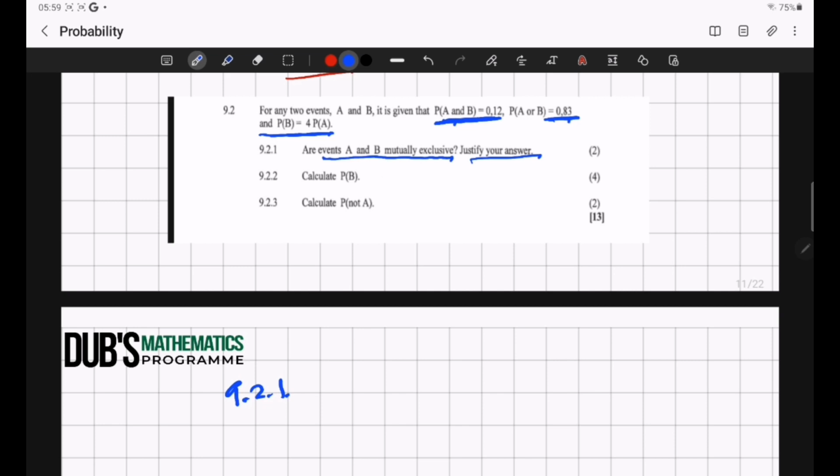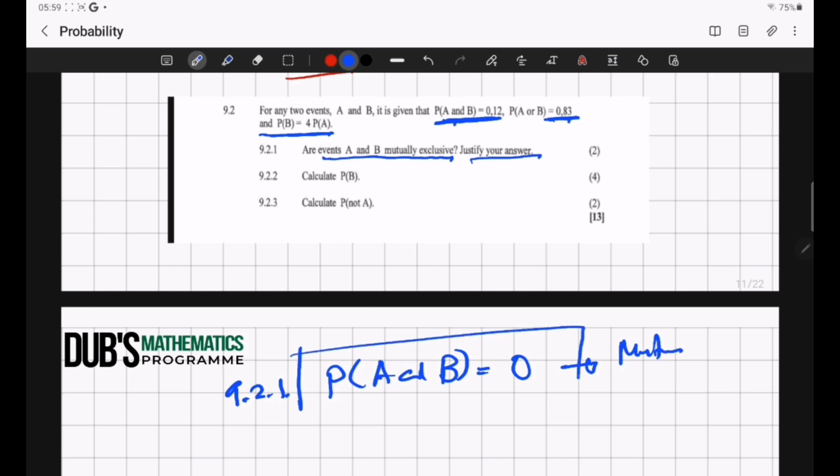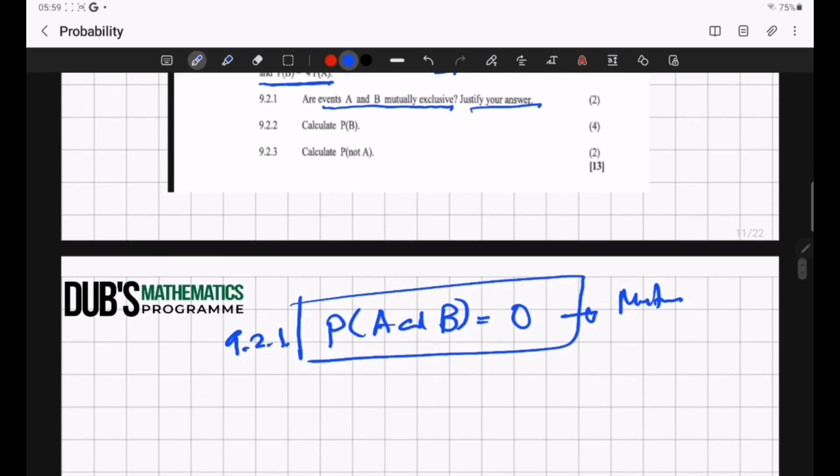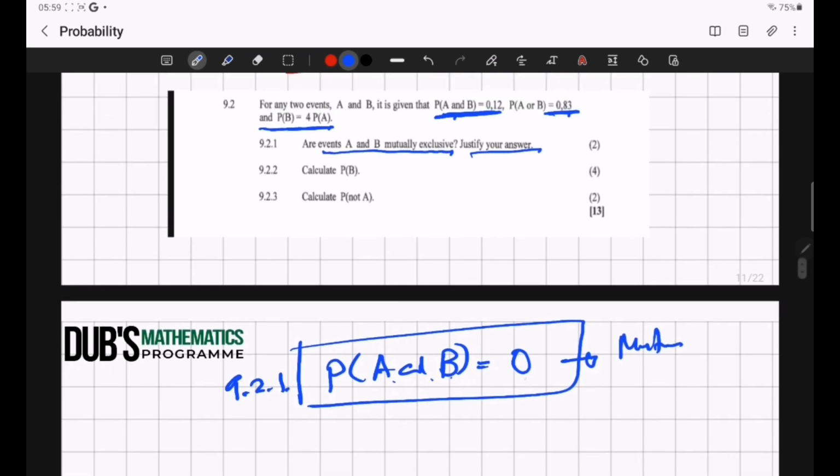Write the condition first for mutually exclusive. Exclusive means that they don't have an intersection. So this means the probability of A and B is going to be 0. We want to test this condition. We need to find the probability of A and B. If it is 0, we're going to say yes, they're mutually exclusive. But if it is not 0, we're going to say they are not mutually exclusive.